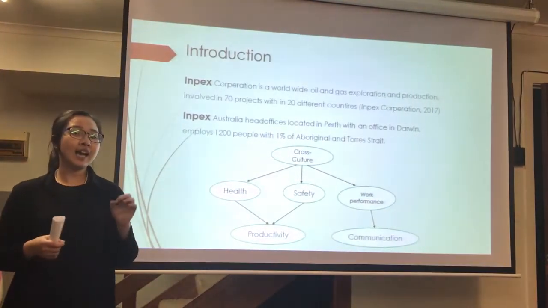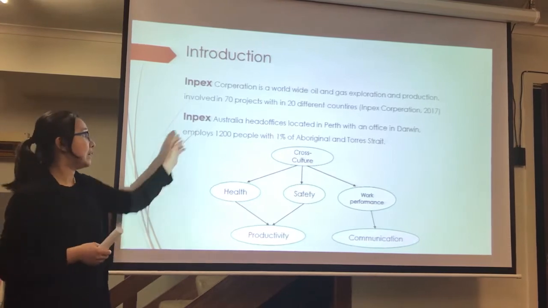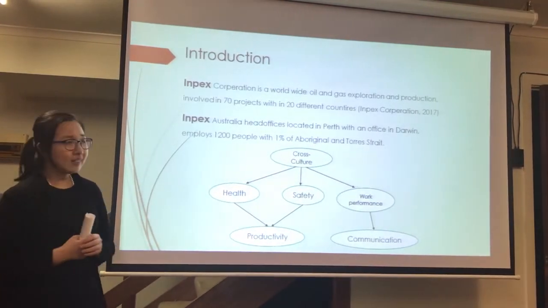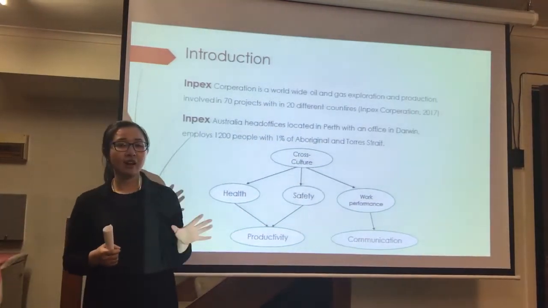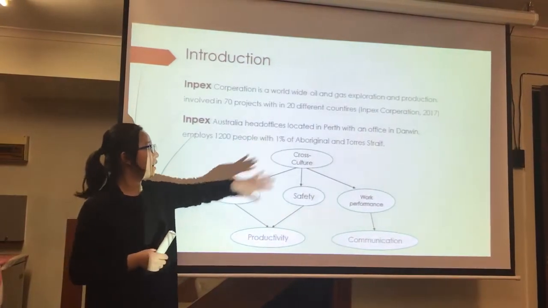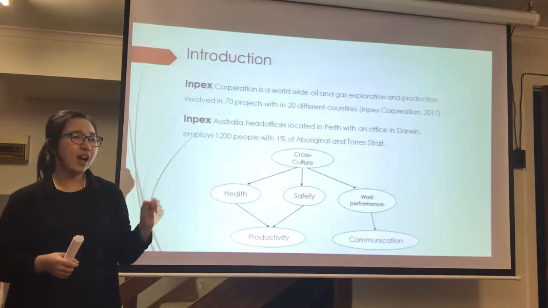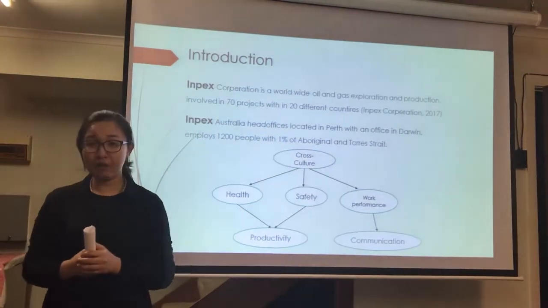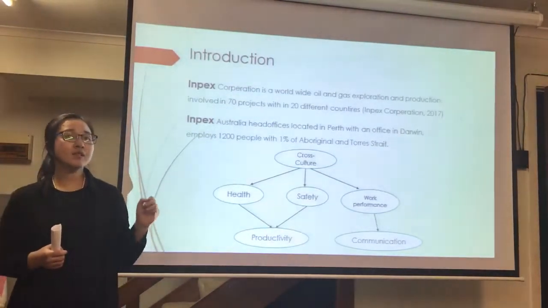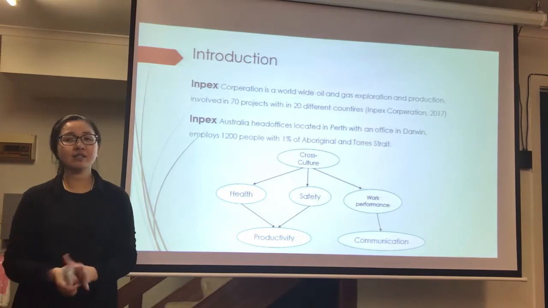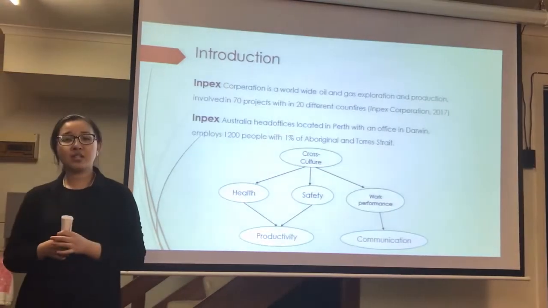In this particular case study, we're going to look at Inpex Australia only. Inpex Australia has its headquarters located in Perth, and it also has an office located in Darwin. This is the place where the LNG project of the Inpex Corporation takes place.